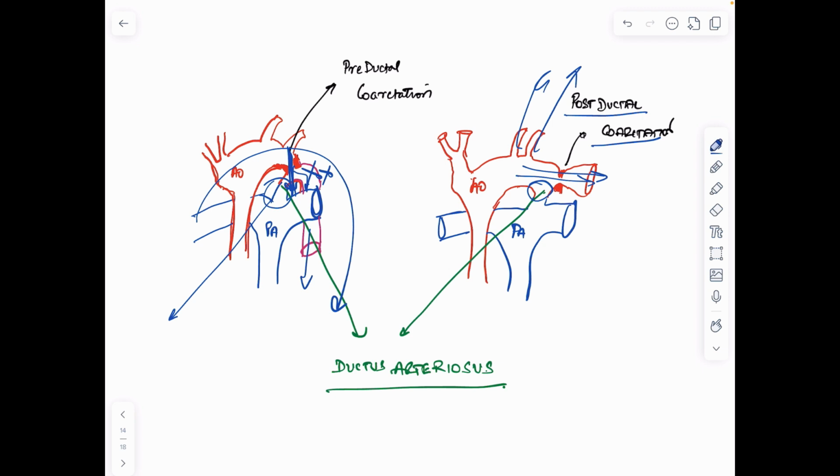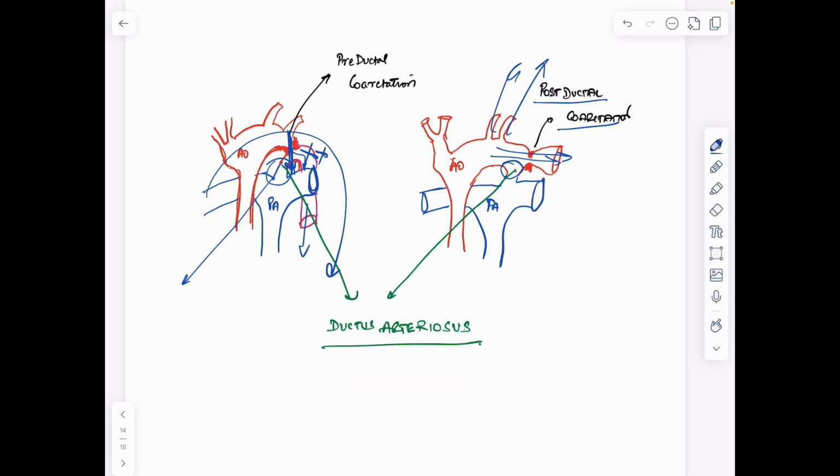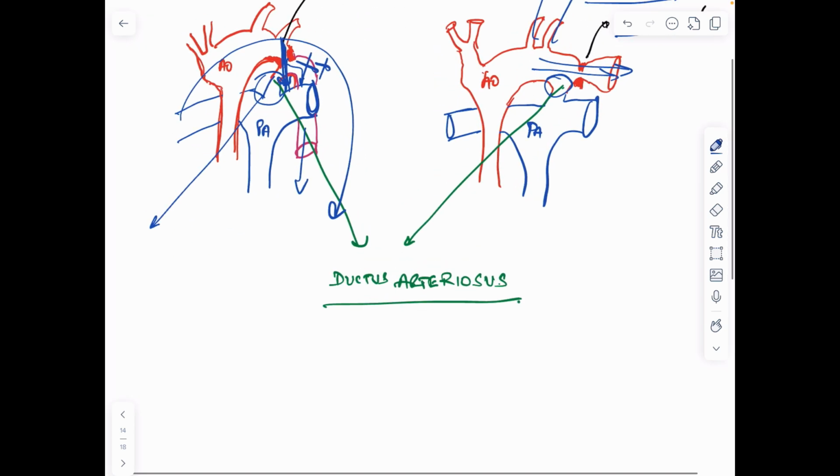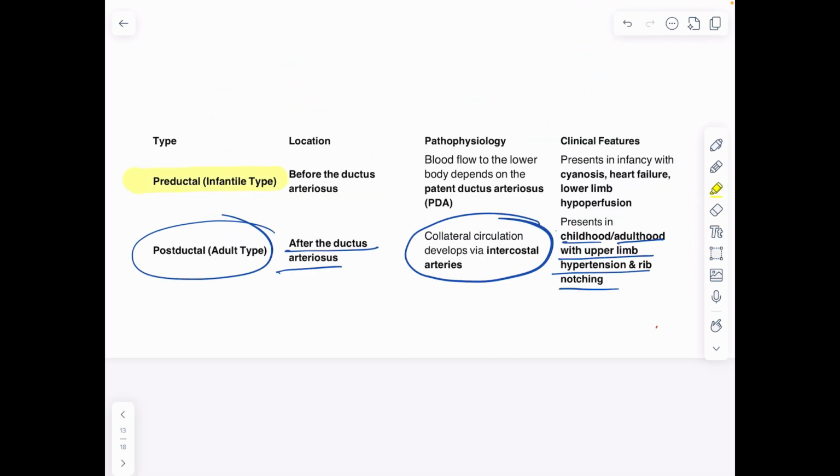So this is the reason why in a child who is suffering from the preductal, that means infantile type of coarctation of the aorta, before the ductus arteriosus there is a coarctation, and the blood flow to the lower body depends upon the patent ductus arteriosus, resulting in clinical features like cyanosis, heart failure, and lower limb hypoperfusion. So that is the major difference between the two.